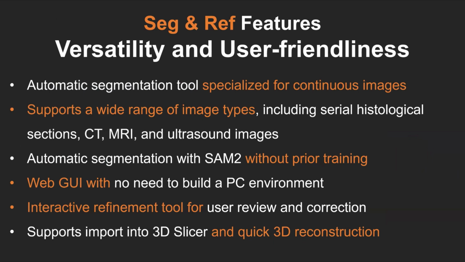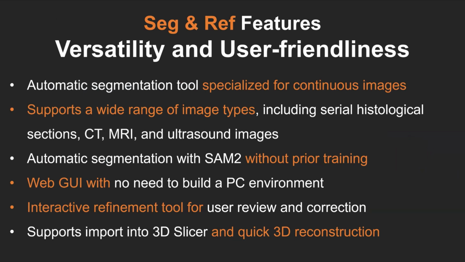SegGraph has two main features: one, high versatility, and two, user-friendliness. First of all, SegGraph is an automatic segmentation tool that specializes in image sequence. It supports a wide range of image types, including serial histological sections, CT, MRI, and ultrasound images, and is not limited to any particular type of image.